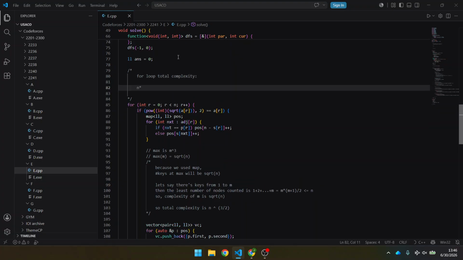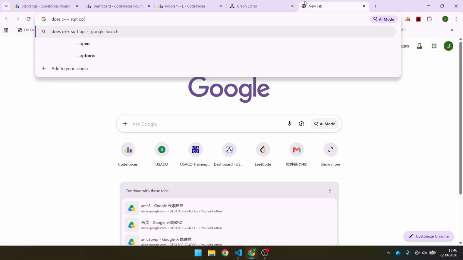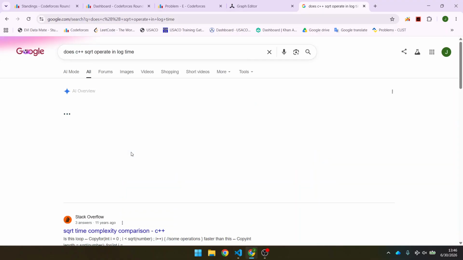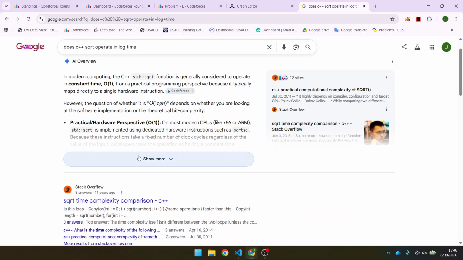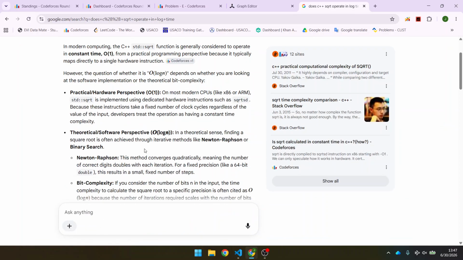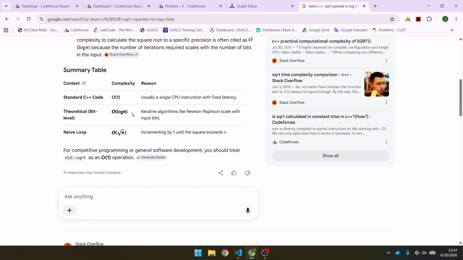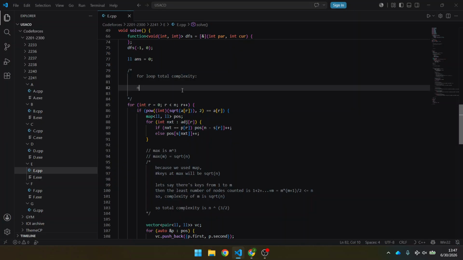we have a N times, is the square root operation log time? Generally constant time. I'll just say it's log n, but it's probably just O(1).